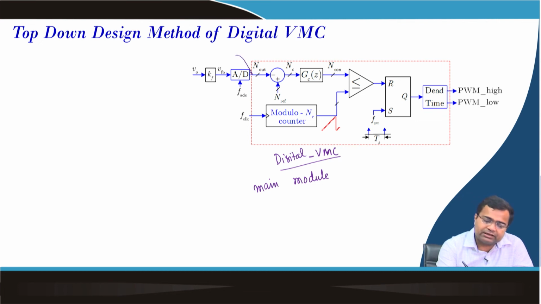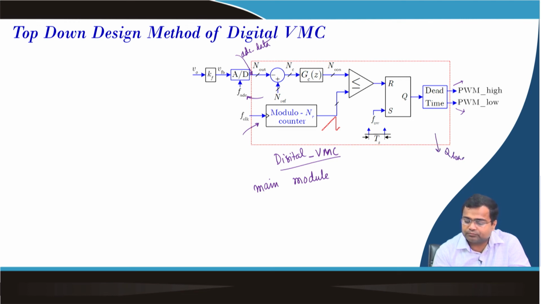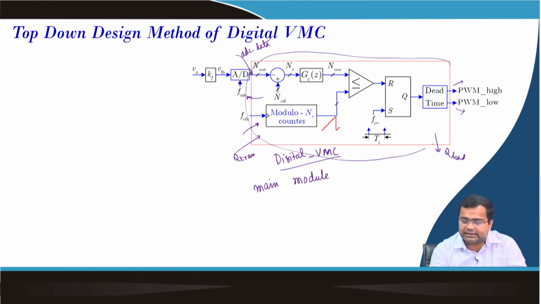First is the ADC data. Second, the clock signal coming in, the PWM going out, and there will be one more which will be Q load, and one more input which will be Q transient type. So, this interface is taking place inside this controller.